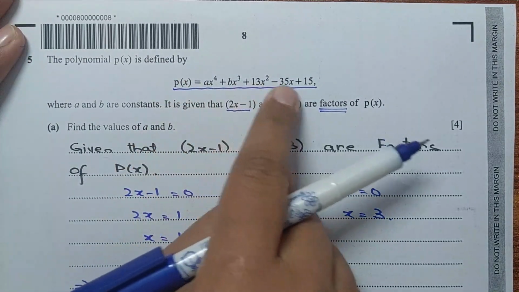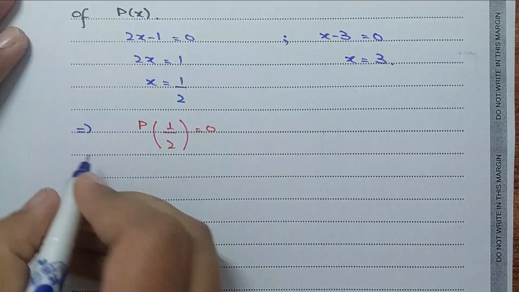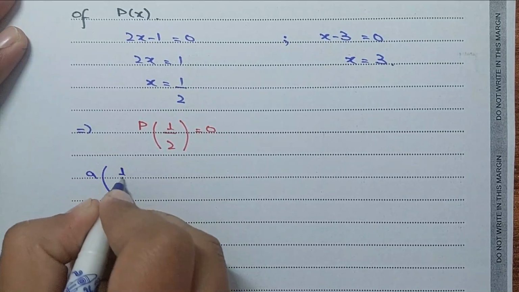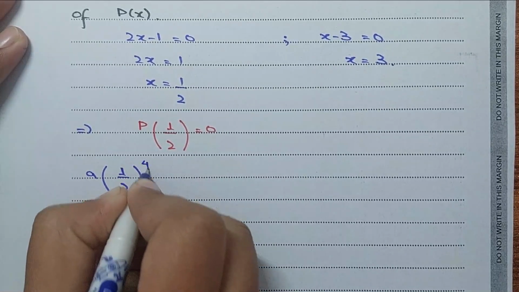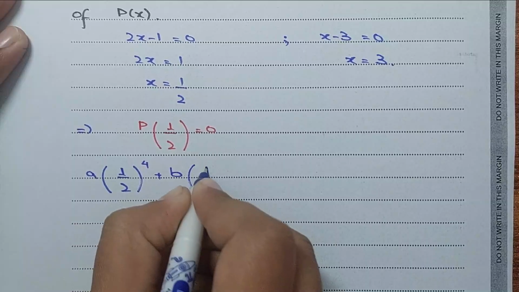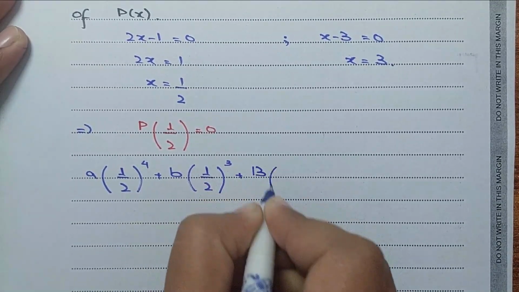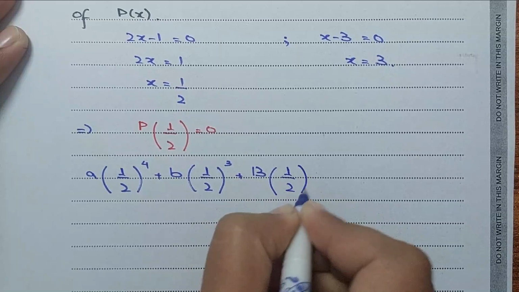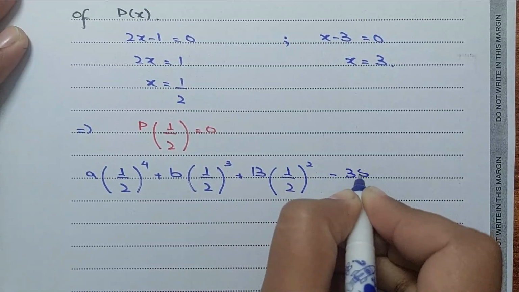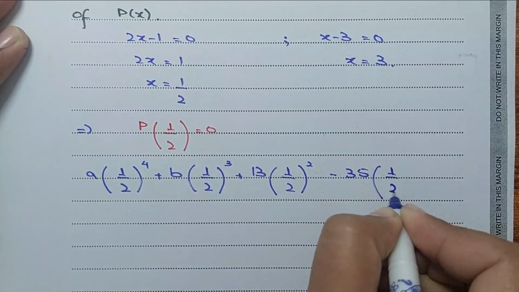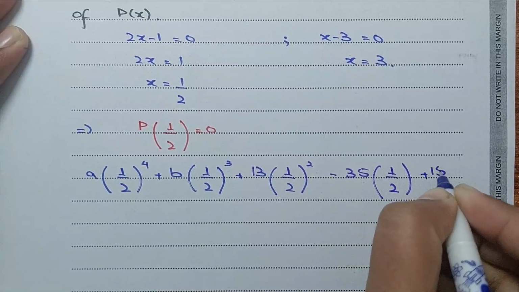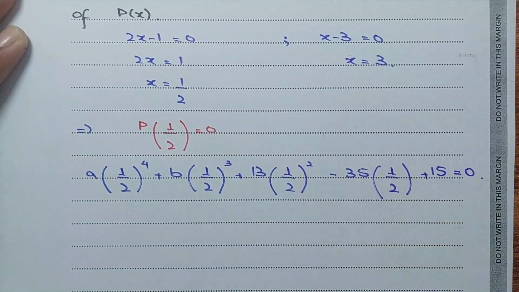Now just substitute in the polynomial p of x, replacing x with 1 by 2 everywhere. A times 1 by 2 to the power 4, plus b times 1 by 2 cubed, plus 13 times 1 by 2 squared, minus 35 times 1 by 2, plus 15 equals 0.